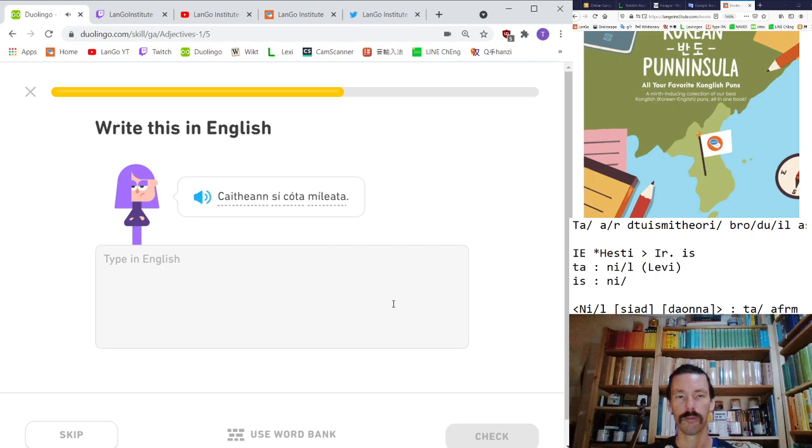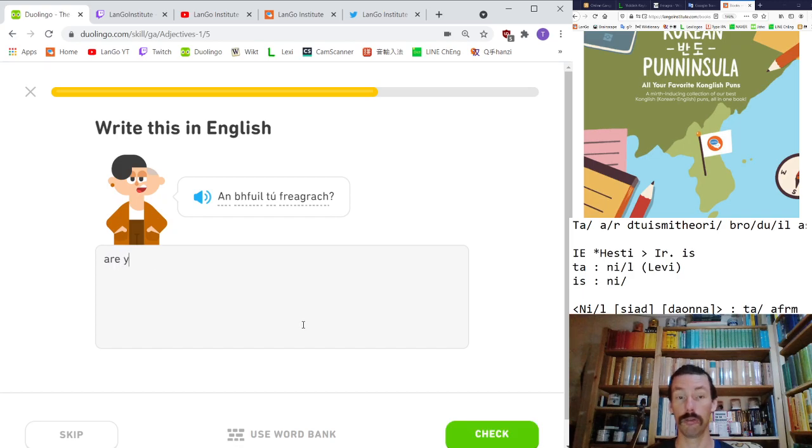Doctor pertaining to military. Opposite order for English. Caitheann sí cóta míleata. She, that is, she puts on, wears. She wears a military coat. Military coat. An bhfuil tú freagrach? This corresponds pretty closely in the word order.